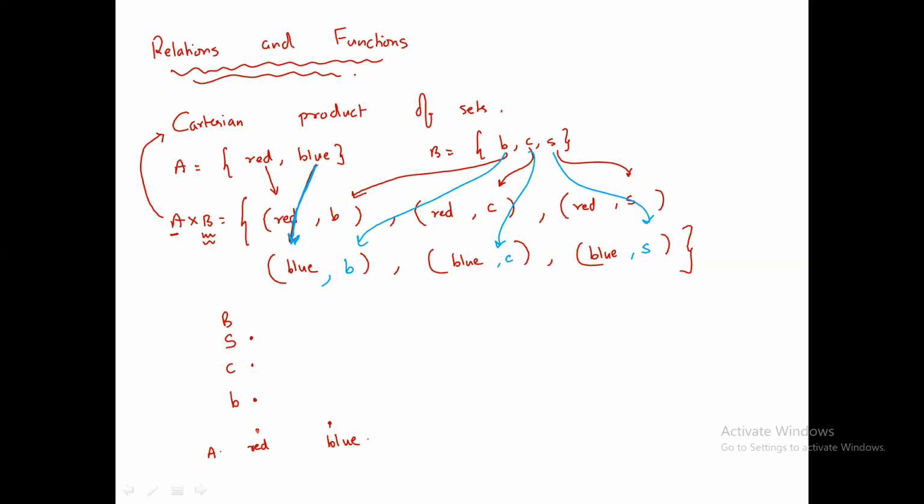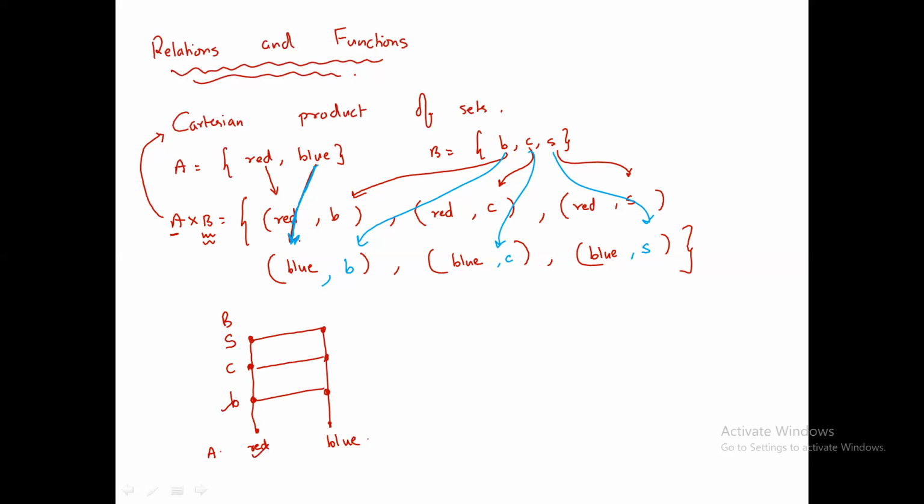Now, with red, I will have these three combinations. And with blue also, I will be having these three combinations. Combinations means ordered pairs like this.